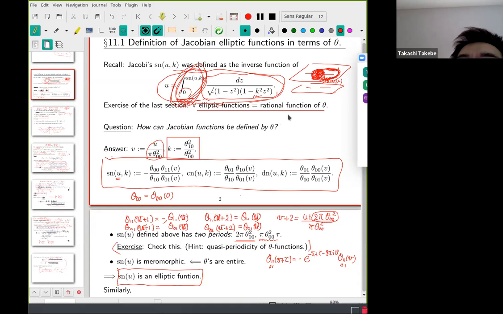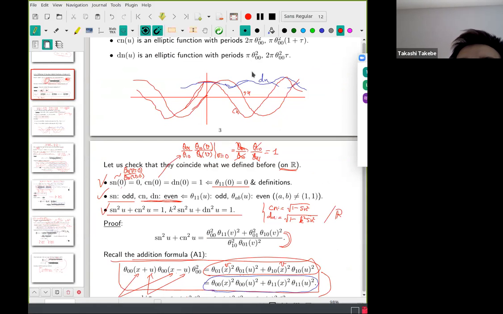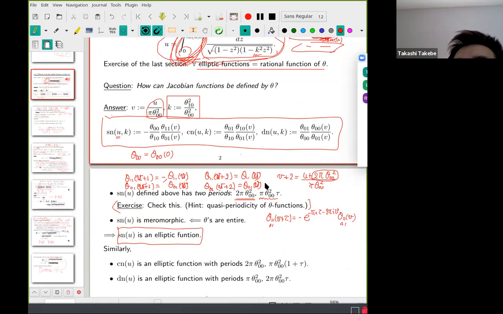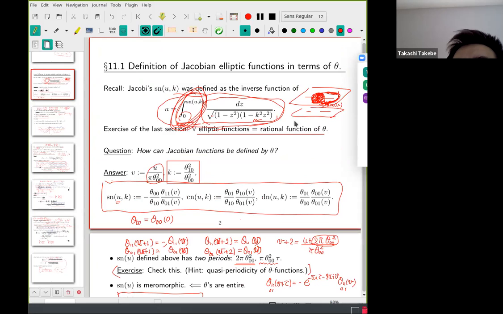Actually, when we considered Sn over R, it was not a big deal because this was defined only on a real interval like this.